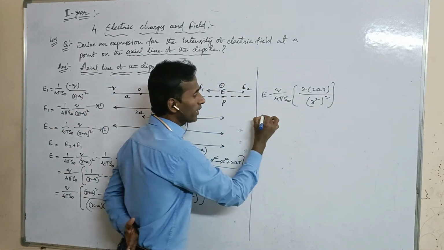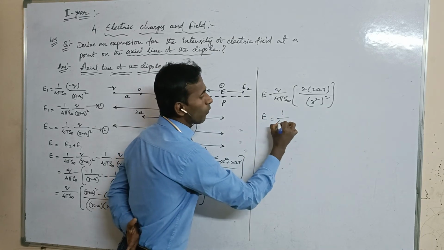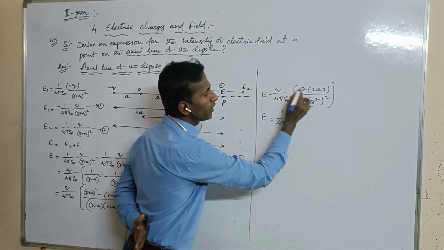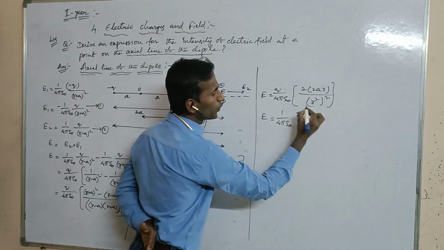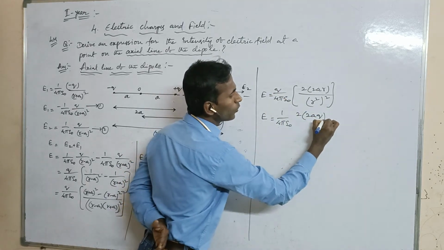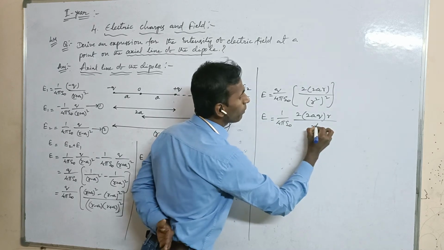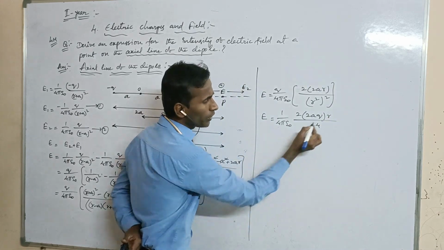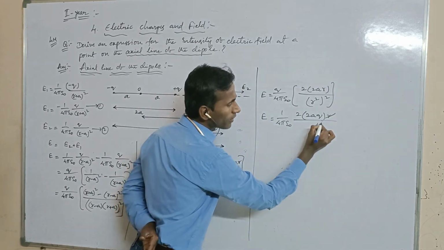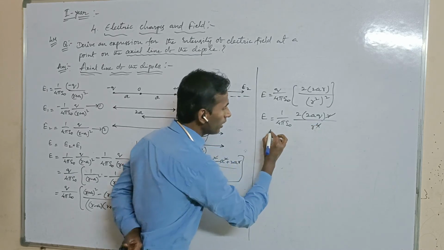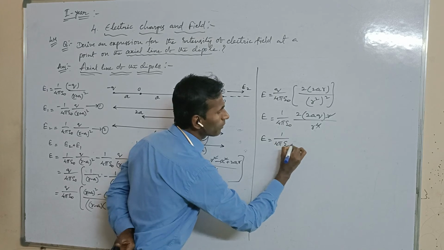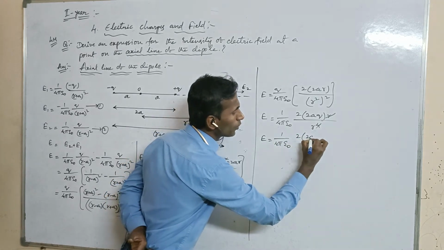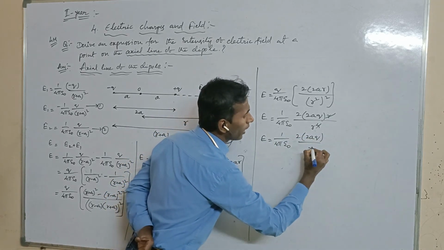So again we will write E is equal to 1 by 4 pi epsilon naught 2 into 2A Q into R by R power 4. Now here one R cancels, so it will become R cube. Okay, so E is equal to 1 by 4 pi epsilon naught 2 into 2AQ by R cube.